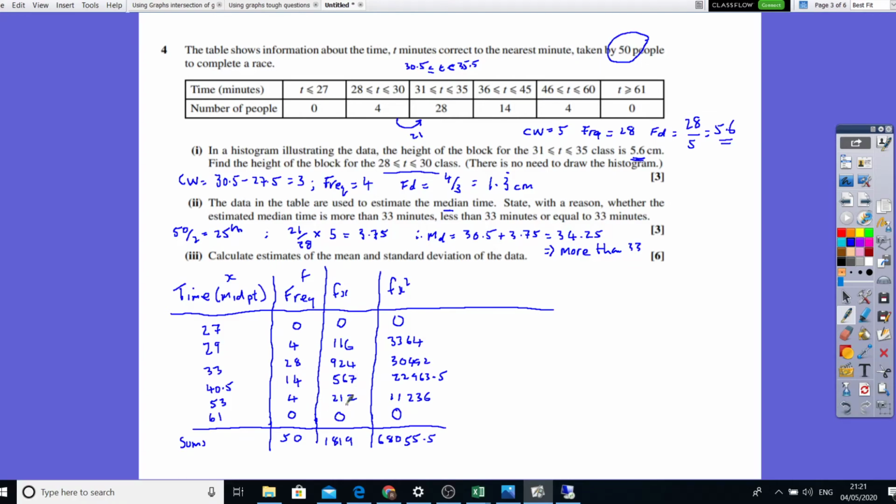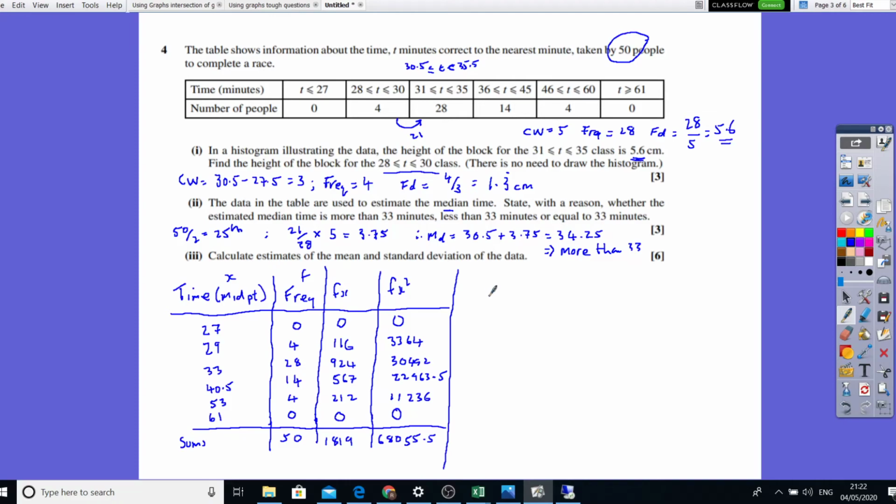Like I said, you can do this straight from your calculator. Now, if I just draw a line along here, just get everything onto one page.